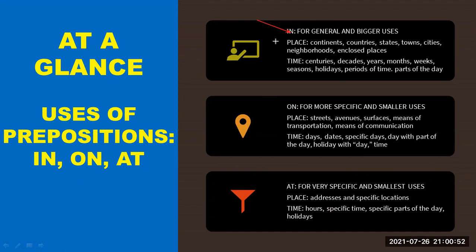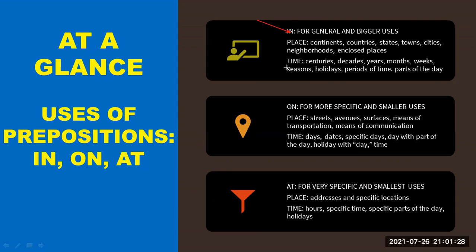The preposition in is used for general and bigger uses, when you are talking about a larger geographical area. If you are talking about continents, countries, states, towns, cities, neighborhoods, enclosed places or enclosed spaces, if you like. We are going to look at the examples.